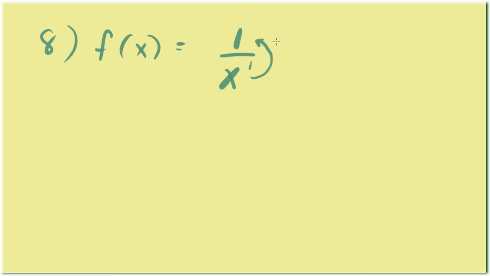Okay, so let's go ahead and increase the difficulty of our examples. What happens when the variable, say variable x, is downstairs? So what do you do? We can use the property of exponents. You can move this variable x to the top.